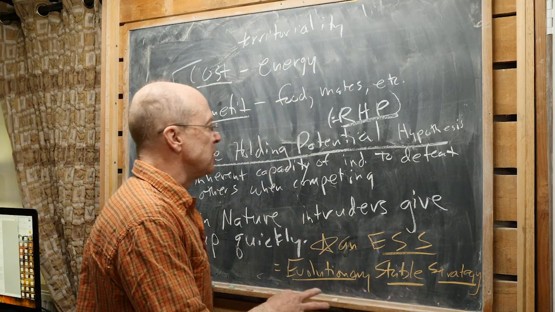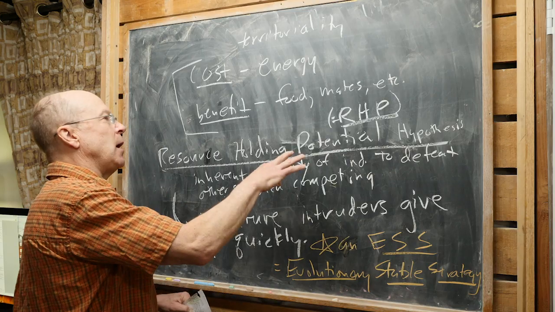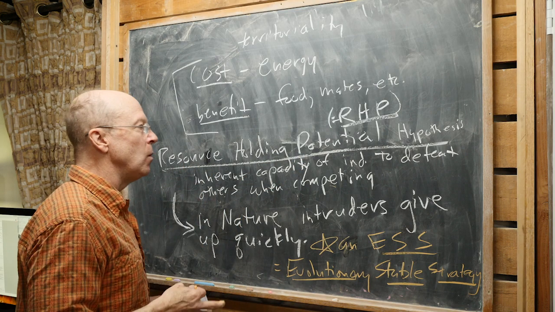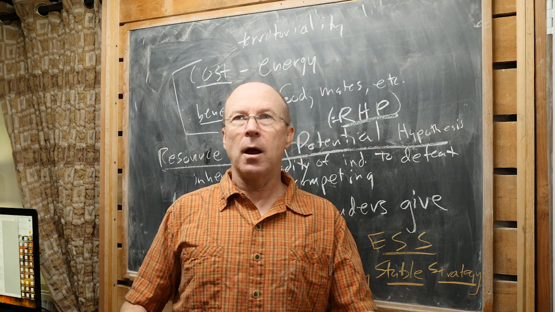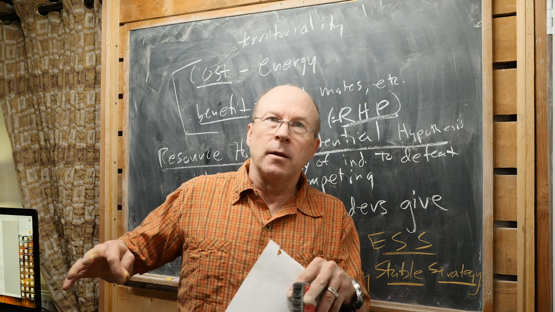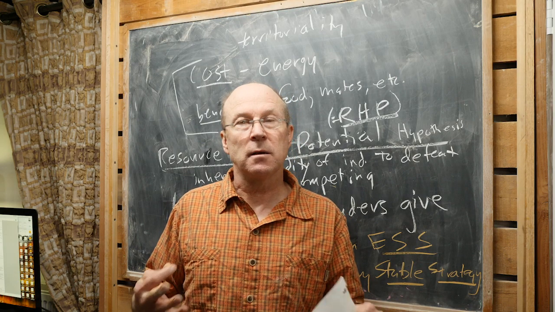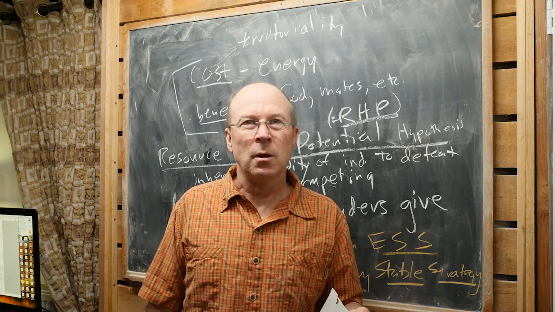So all of this has to do with indicating your resource holding potential by how much urine you put out there if you're a fox, or maybe the strength of your urine. And the idea, time and time again with territoriality, is that the conflicts really aren't brutal.